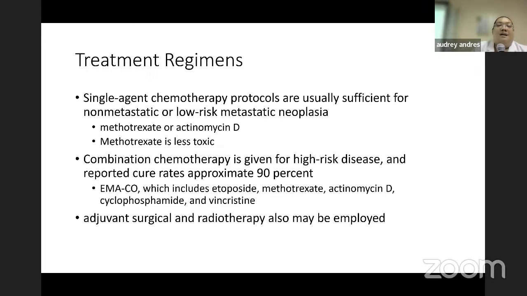Okay. If you're doing combination chemotherapy, usually what we use is EMACO because cure rates are reported to be at 90%. EMACO is etoposide, methotrexate, actinomycin D, cyclophosphamide, and vincristine. Although even if you do chemotherapy, adjuvant, surgical, and radiotherapy also can be involved.